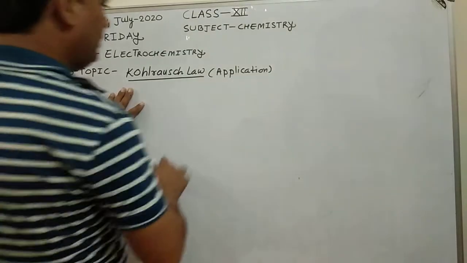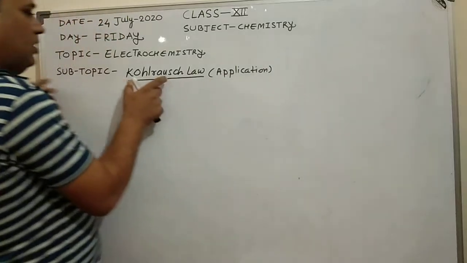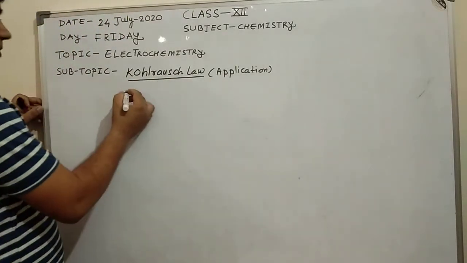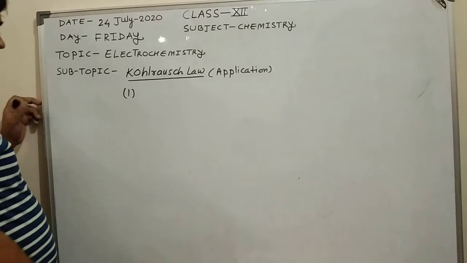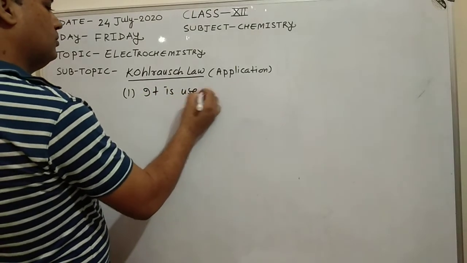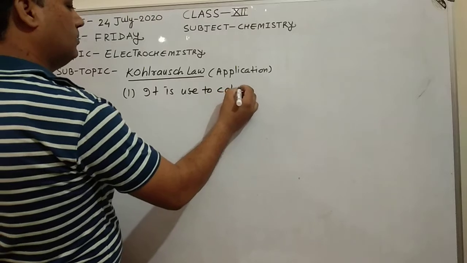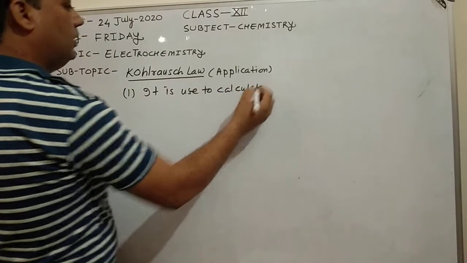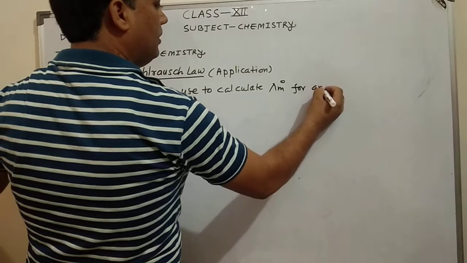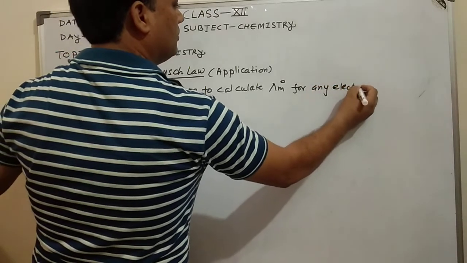Next important point, what are the applications of Kohlrausch's law? In general there are two applications. First one, it is used to calculate lambda m naught for any electrolyte.